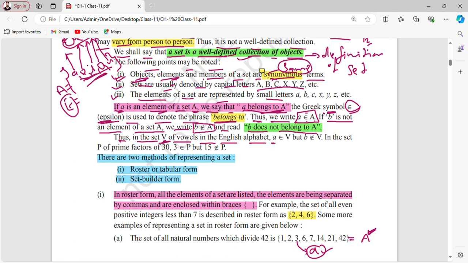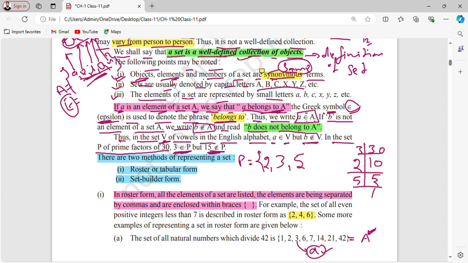So a belongs to V, but b doesn't belong to V. In the set P of prime factors of 30, 3 belongs to P, but 15 does not belong to P. Because if you factorize 30, the set of prime factors will be 2, 3 and 5.